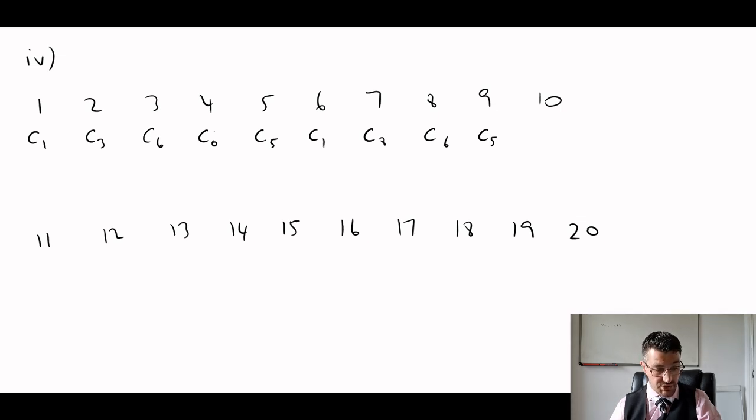So from part 2, whichever child receives suite number 9 will also receive suite number 10, because remember, the child that receives the kth suite also receives the 20 minus k minus 1th suite. If k is equal to 9, then 20 minus k minus 1 is 10. So that's going to be child C5. And now we just work back along this sequence, right?